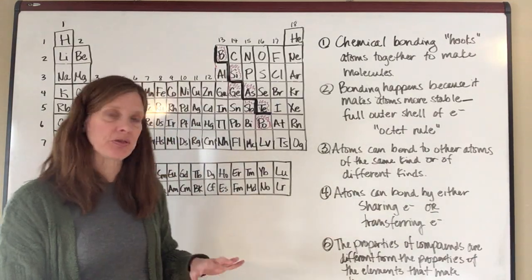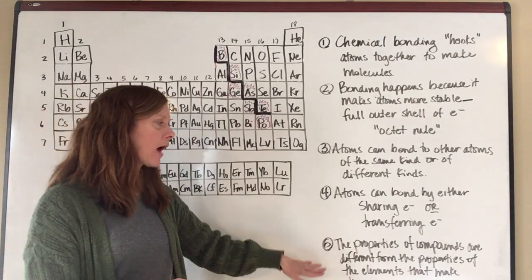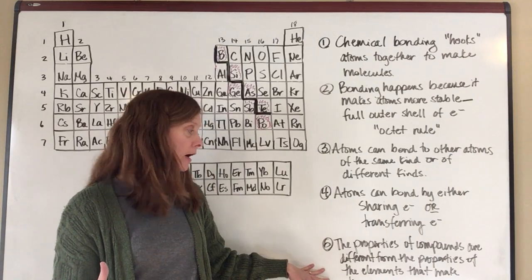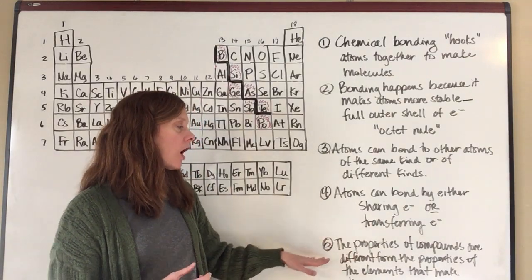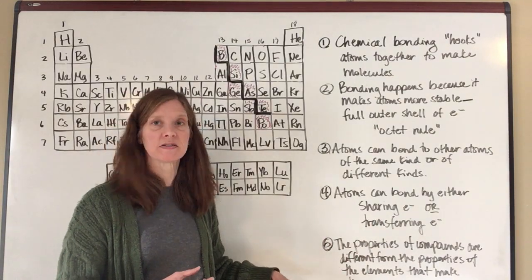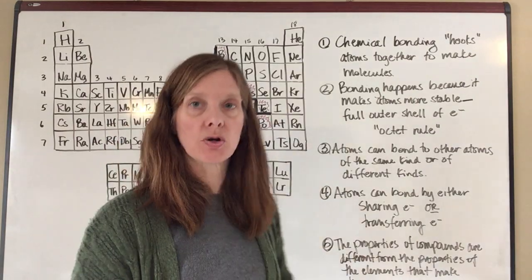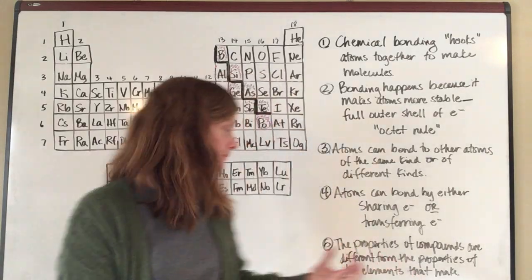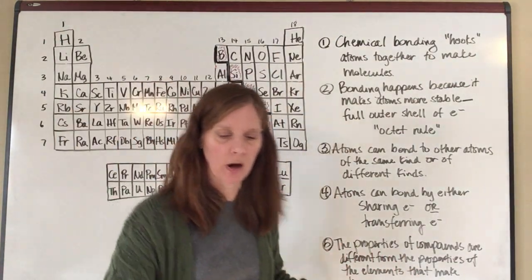So finally, 5th big idea is that the properties of compounds, or the molecules that we were talking about, are different from the properties of the elements that make them up. Okay, so elements, you have atoms of an element and you have molecules of a compound. So let me give you an example here.